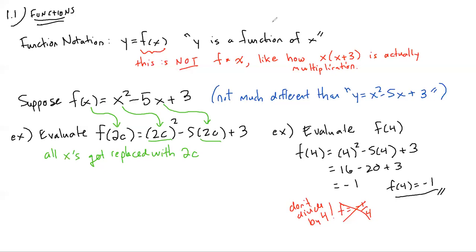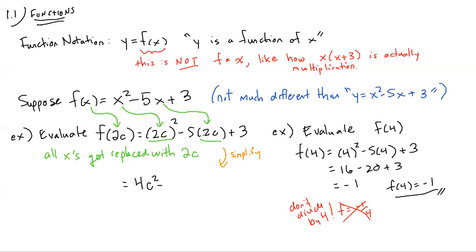And then I'm just going to simplify the right-hand side. So if I do 2c squared, remember that that square is going to get applied to both the 2 and the c. So 2 squared will be 4, and c squared, I can't do any better than c squared.